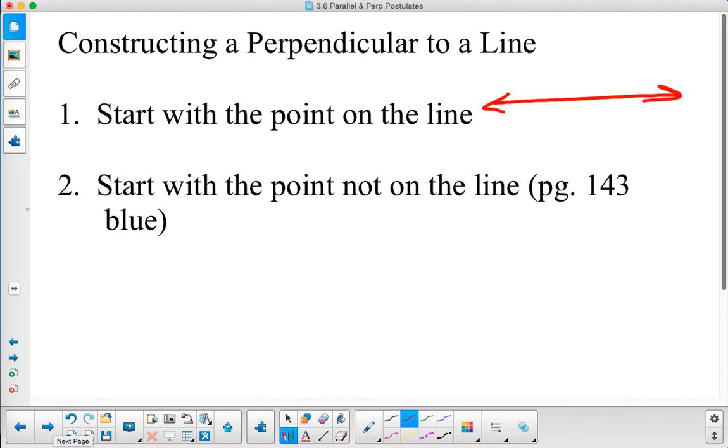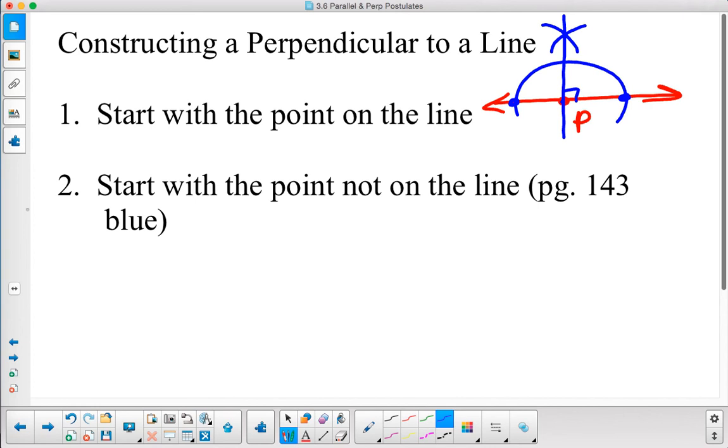If the point is on the line, we started the construction by putting the point of the compass on P, make an arc that crosses the line twice. Then from those intersection points, open your compass a little bit wider, and from one end, make the arc, and from the other intersection, make the same arc. That was making a perpendicular for us.